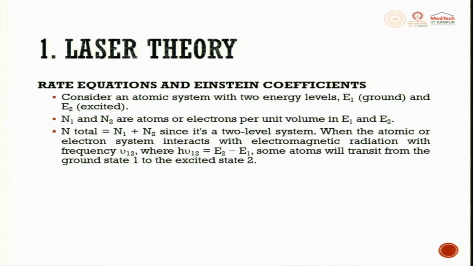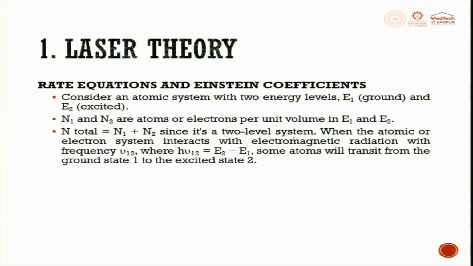So, the rate equations and the Einstein coefficients are always used. Consider an atomic system with two energy levels E1 and E2. N1 and N2 are the numbers of atoms or electrons per unit volume in E1 and E2. The total N is nothing but N1 plus N2, since it is a two level system.